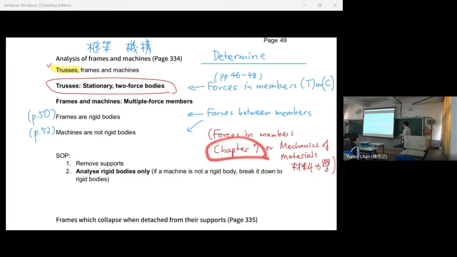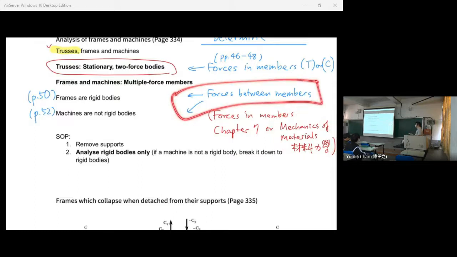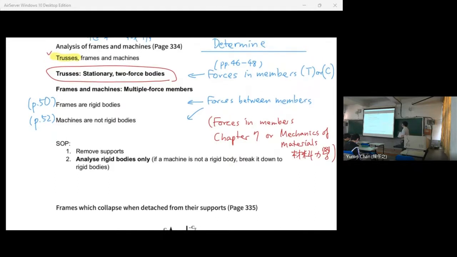If I do not have time, when you study mechanics of materials next year, you will learn about this. So mainly in this chapter we determine forces between members in frames and machines, and in trusses we always determine forces in members.